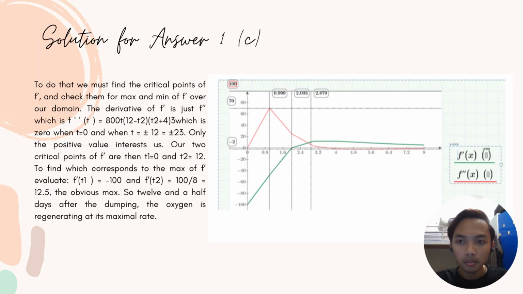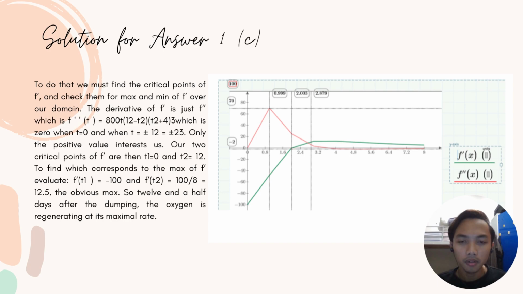Okay, for the solution, answer 1C, the question is: when is the rate of oxygen regeneration greatest? To do that, we must find the critical points of f prime and check them for max and min of f prime over our domain.